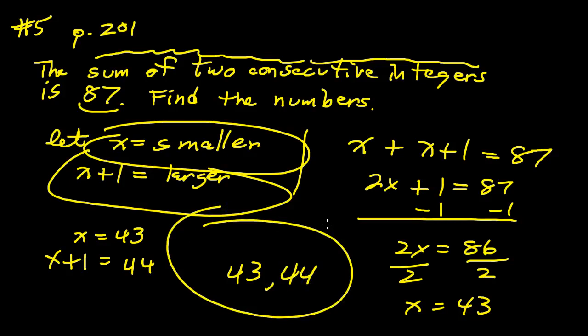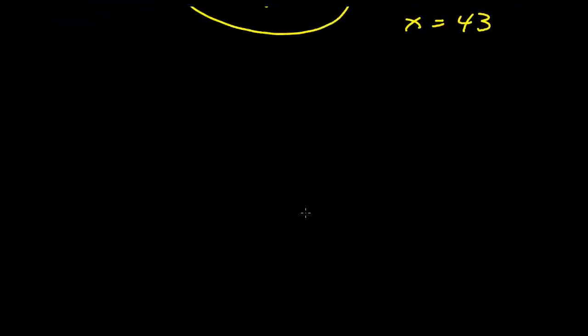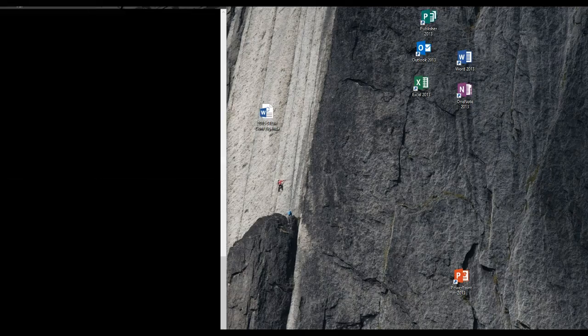All right, let's try another one similar to this, number 8 on the homework list. This is on page 201. It says the sum of two consecutive even integers is 146. Let me write that down.